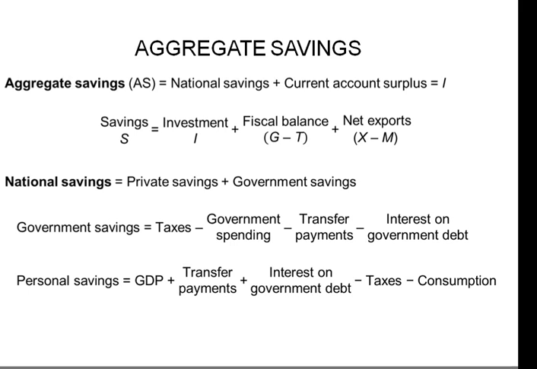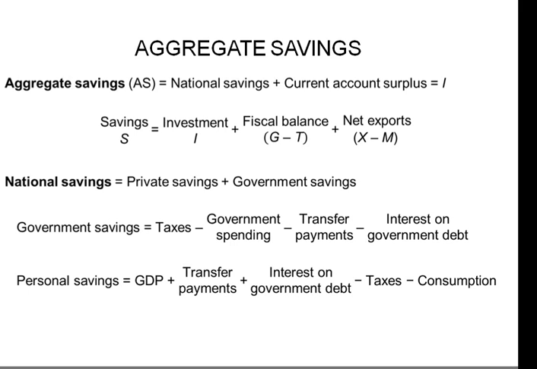National saving is equal to private saving plus government savings, and government savings is what the government has left after fulfilling its expenses. So taxes are the income of the government minus government spending. Taxes are not the only government income, but they are a major portion of it. We normally show government income in the form of taxes generally, but it's not the only form of government income.